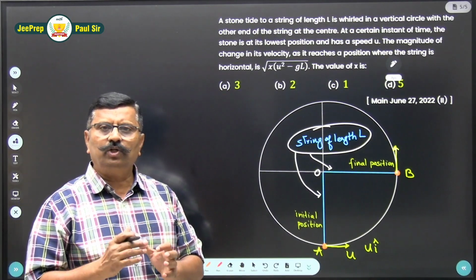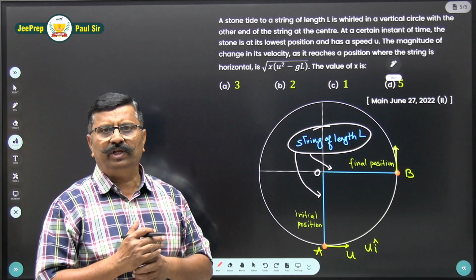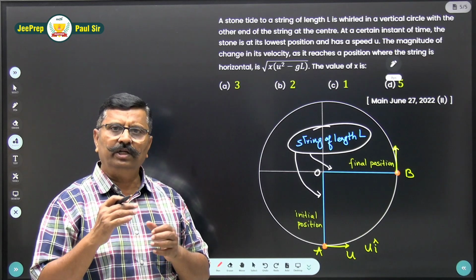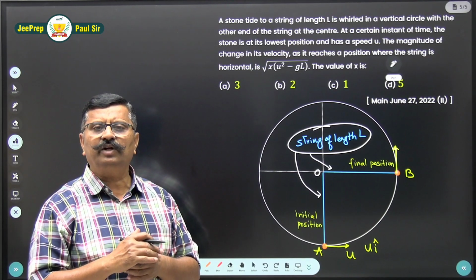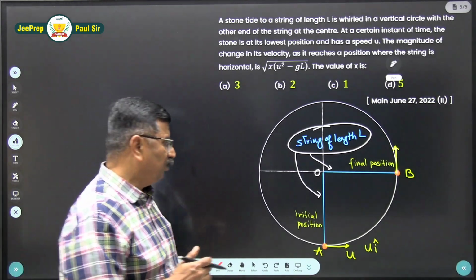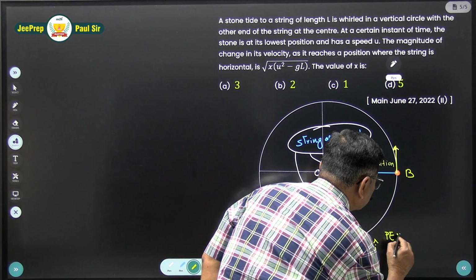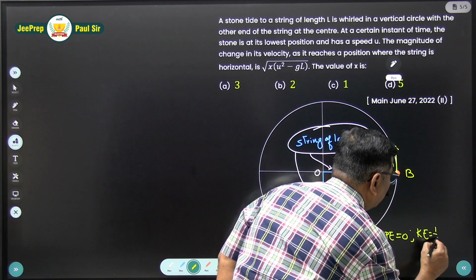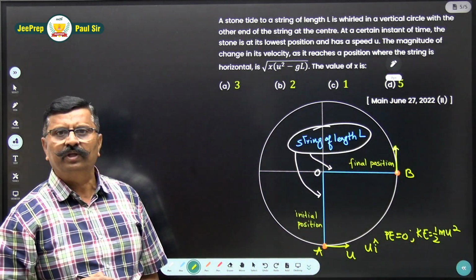We will have to equate the total energy at point A and the total energy at point B. But for this, we need to find out the potential energy at point A, kinetic energy at point A, same way potential energy at point B and the kinetic energy at point B. So the potential energy here is 0 while kinetic energy is half mu square because initial velocity is u.